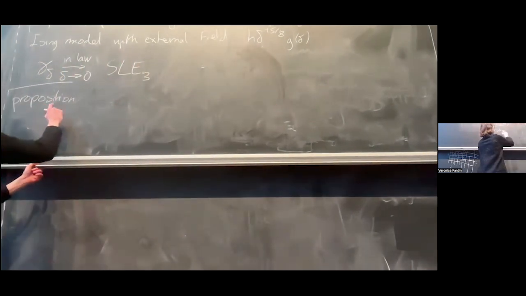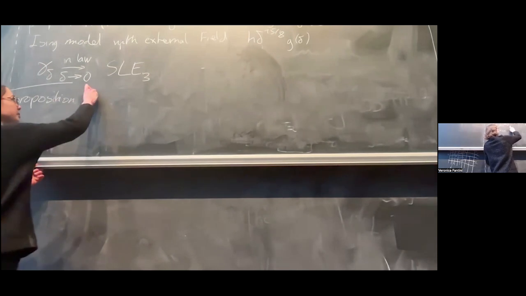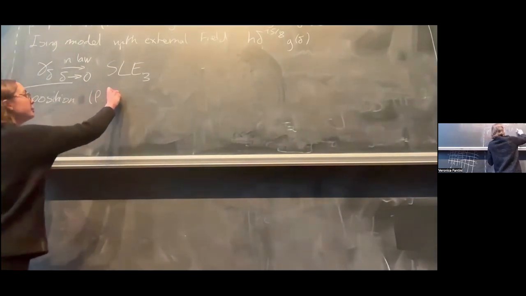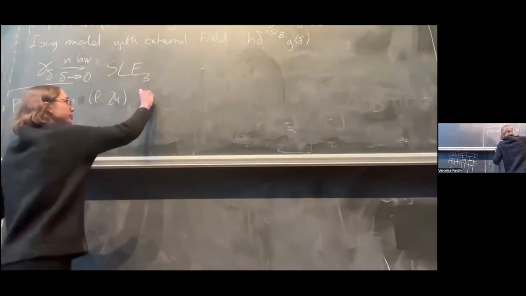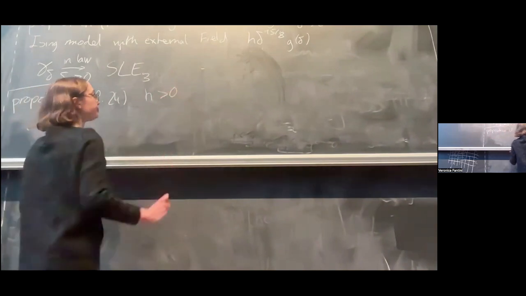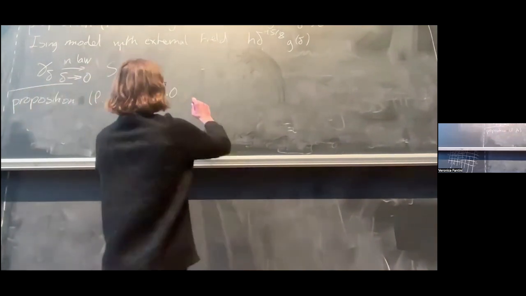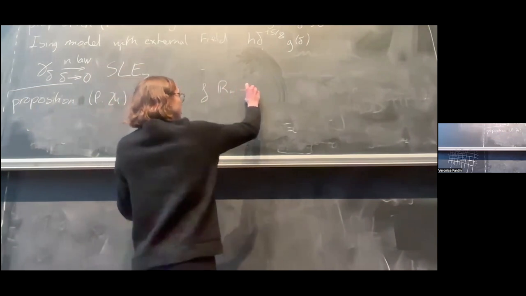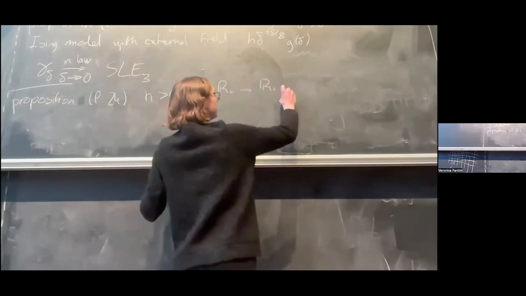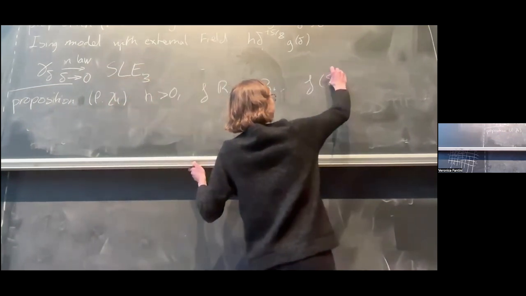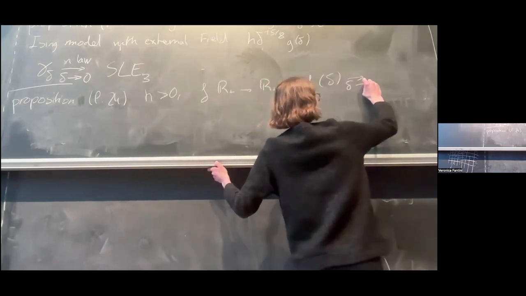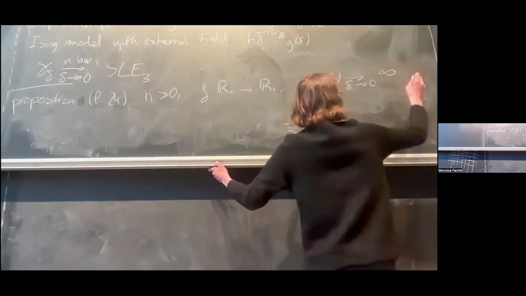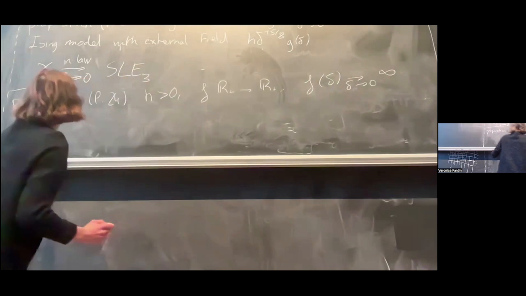But for this result, I really need h to be a constant. So let's say h is positive, like this. And now I have a function f, but now f goes to infinity as δ goes to 0. And I'm not assuming any kind of rate.